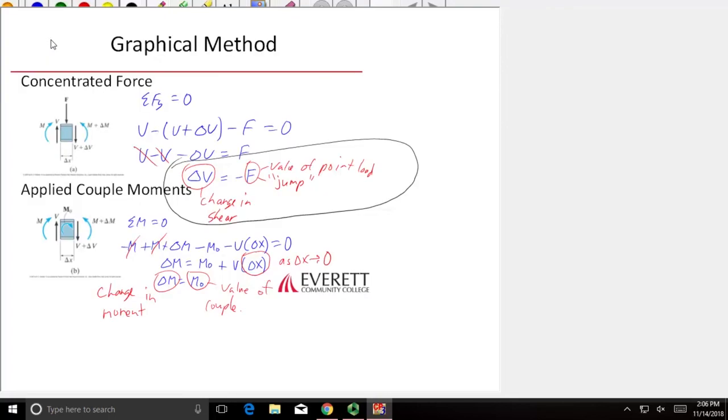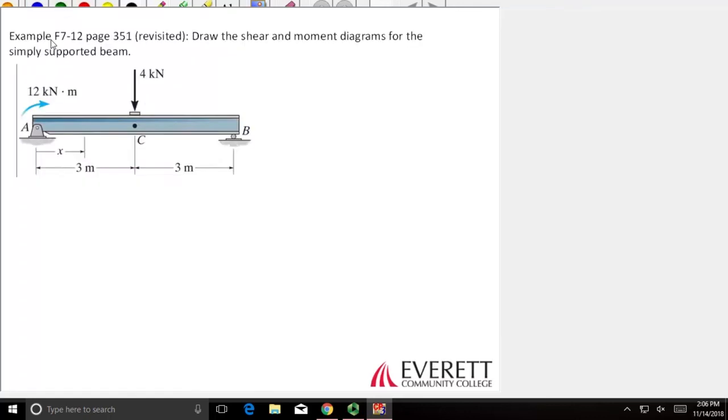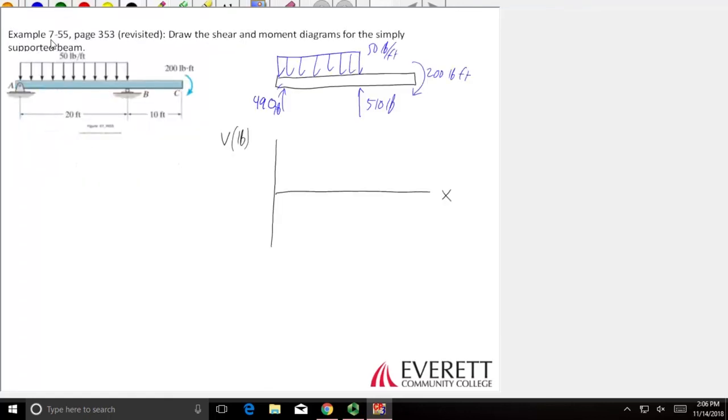A point load is equal to a change in shear. If that force is pointed downwards, we expect it to jump down. If it's pointed upwards, we expect it to jump up. So this one, in this case, is pointed up. So we expect the change in shear is going to go from 0 to 490 pounds because of that point load.